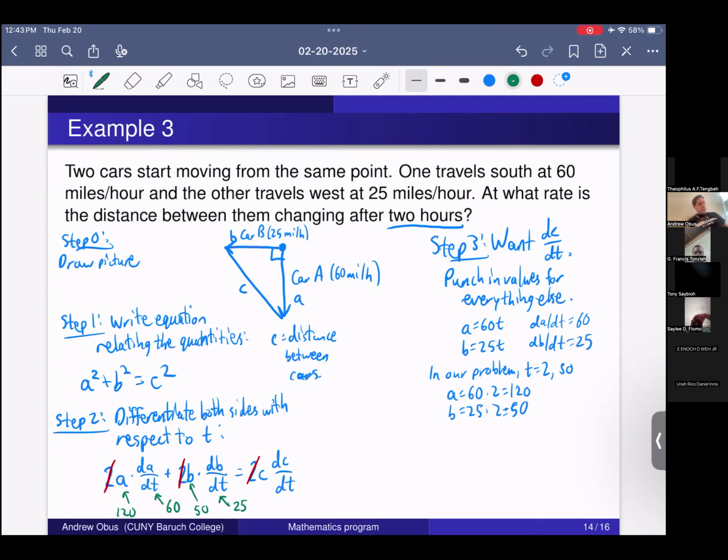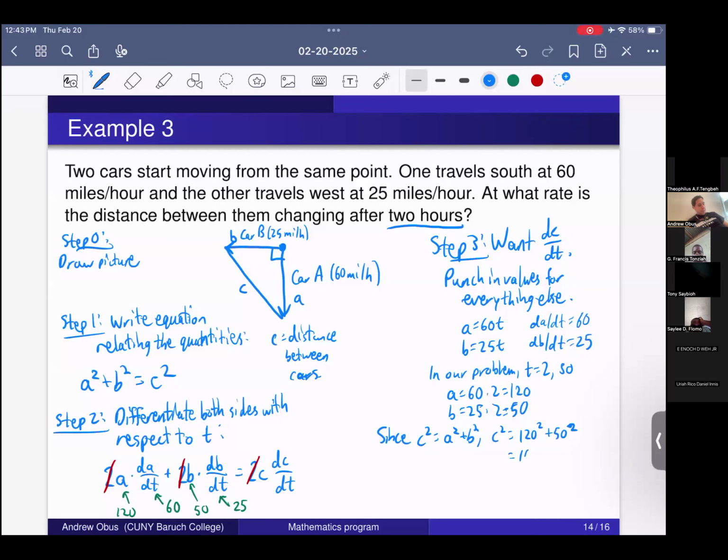And then lastly, we have C, which we can figure out with the Pythagorean theorem. Since C squared is equal to A squared plus B squared, we have that C squared is equal to 120 squared plus 50 squared.